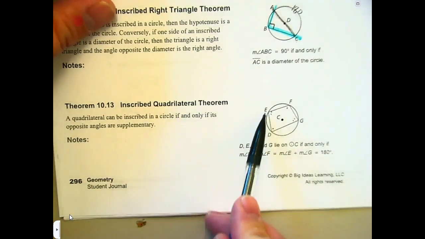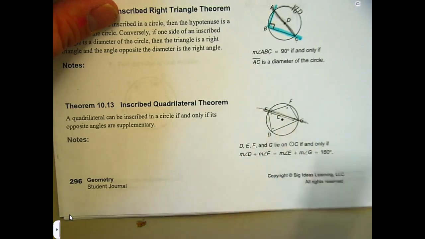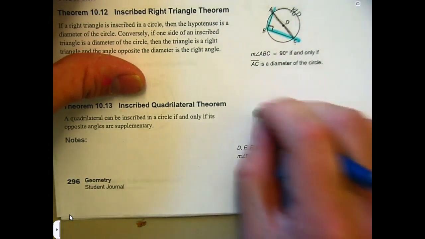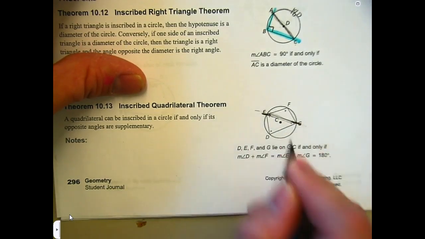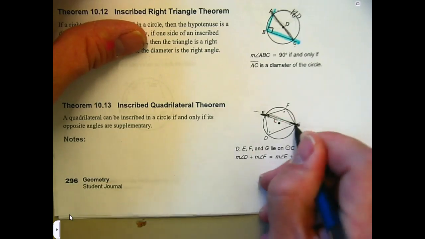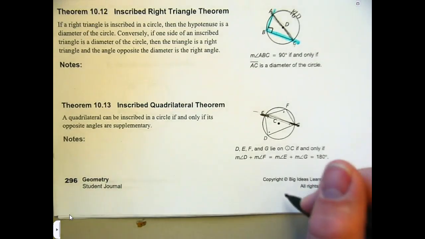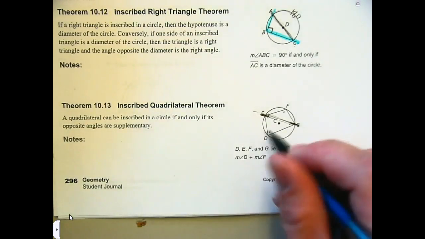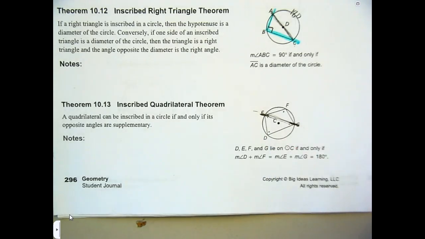For those of you struggling to figure out why, try to draw a line going through those, or at least intersecting the circle at the opposite angle. What arc is created from angle D?